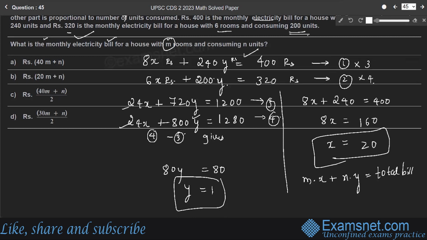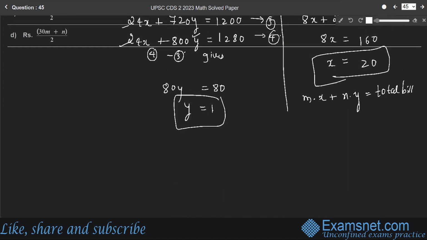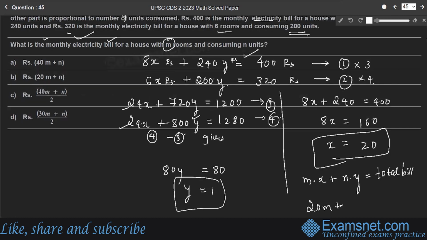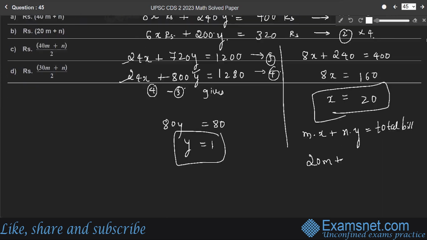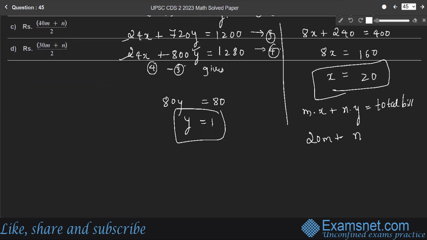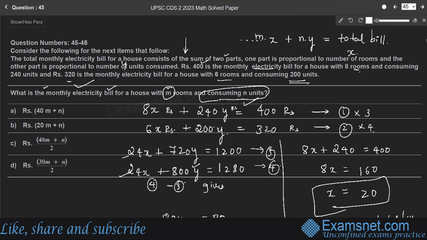Therefore, with m rooms, the electricity bill becomes mx, which is 20m, right? And consuming n units, here the value of y is 1, so 20m plus n becomes the total bill of a house with m rooms and consuming n units. 20m plus n. Option B is the right answer.